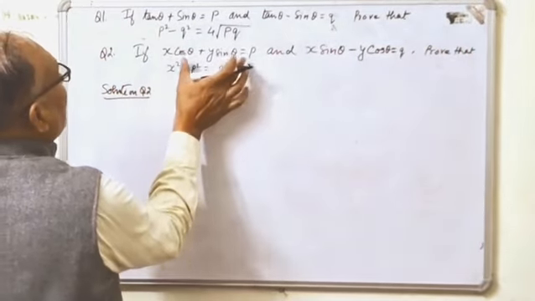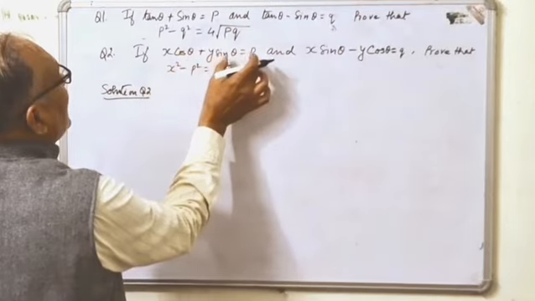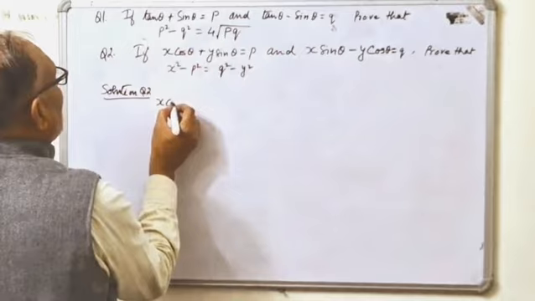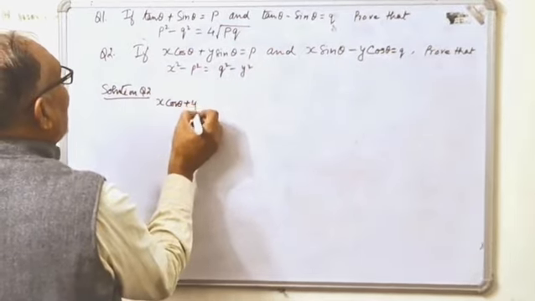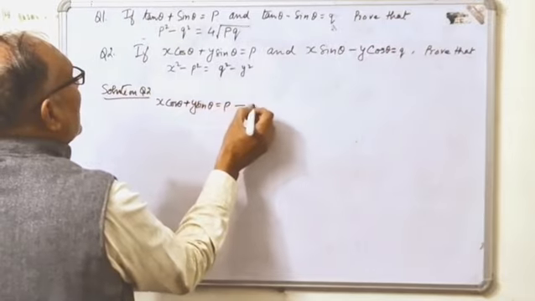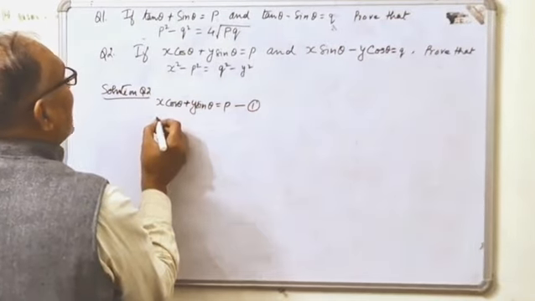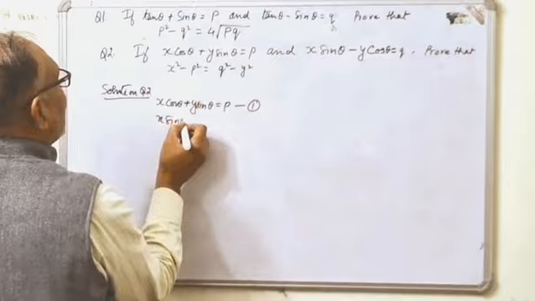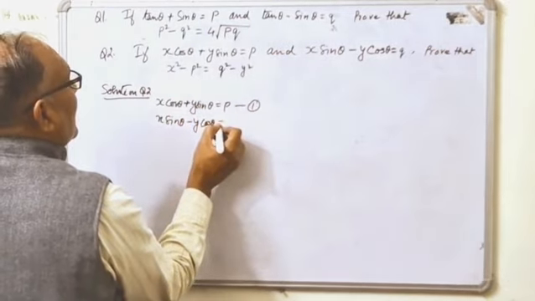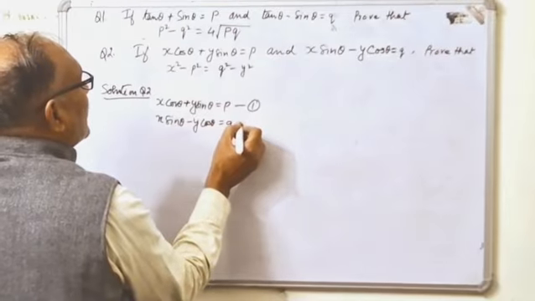Now let x cos theta plus y sin theta equals p as equation number 1, and x sin theta minus y cos theta equals q as equation number 2.